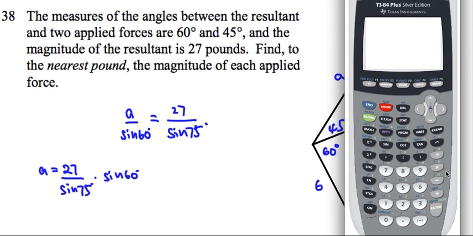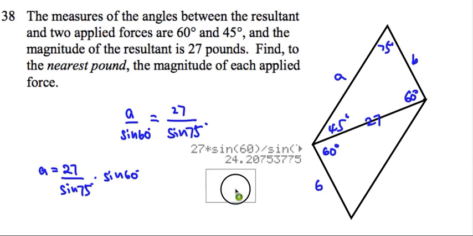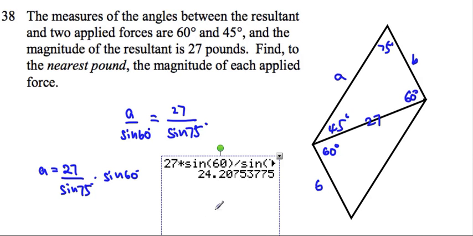Good. So 27 times sine of 60, but we have to divide by sine of 75. The first one becomes 24.2. So to the nearest pound, A becomes 24 pounds.